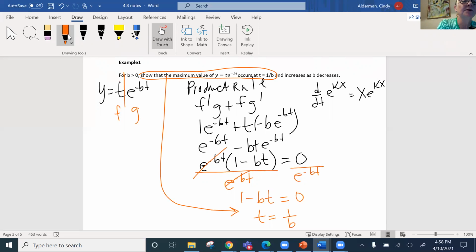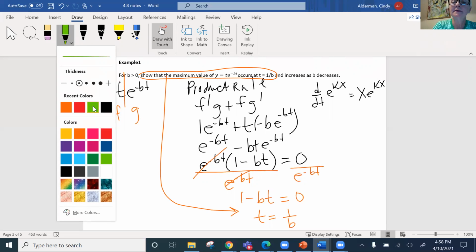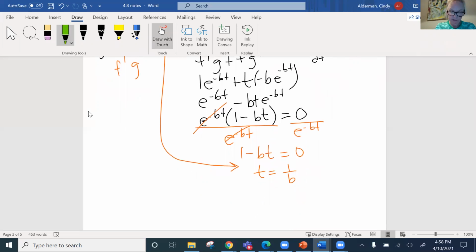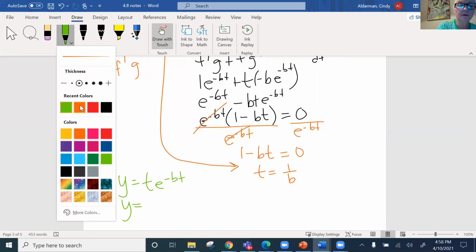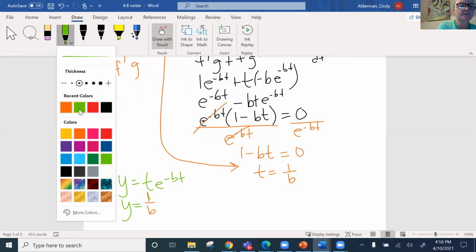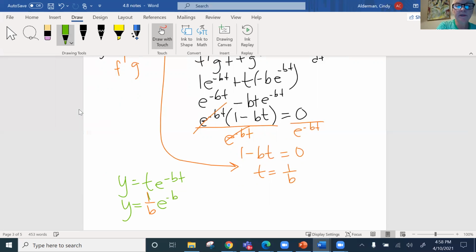And then we also want to show that it increases as b decreases. So you can do that by starting out with the formula again. y is equal to t e to the negative bt. And then since we know that t is equal to 1 over b, we can plug that in. So y equals 1 over b e to the negative bt power.